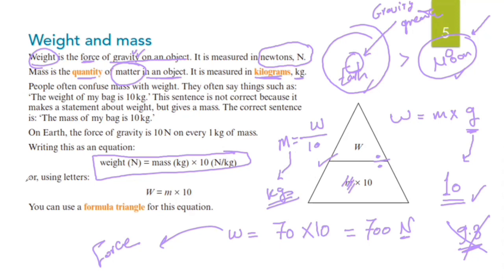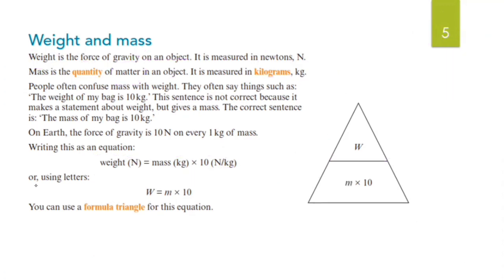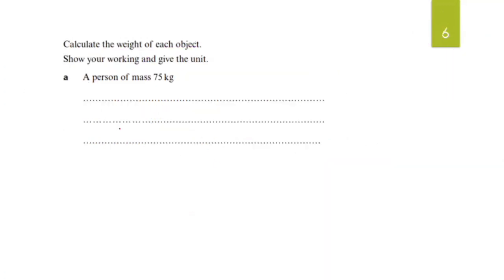طيب ما تيجي نشوف example على الرول ده. Calculate the weight of an object. Okay. Show your working and give the units. لو he wants you to calculate the weight. الويت ده equal ايه؟ weight equal mass times gravity. You must write the rule first.